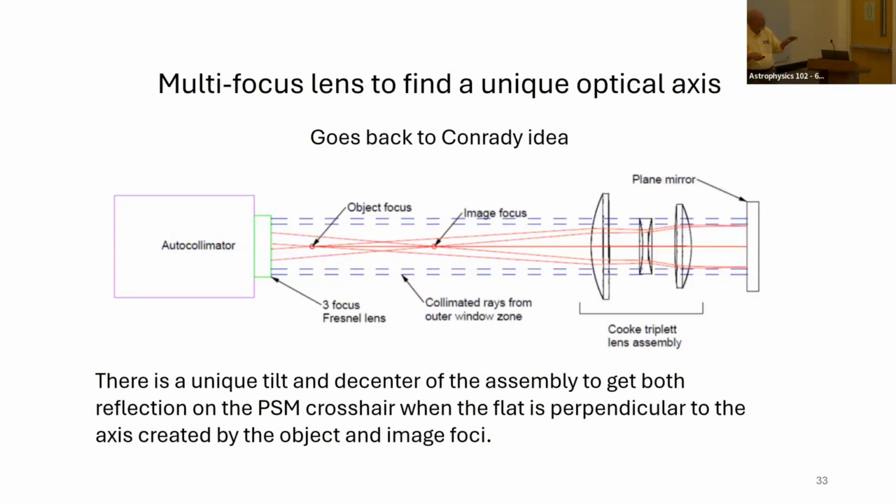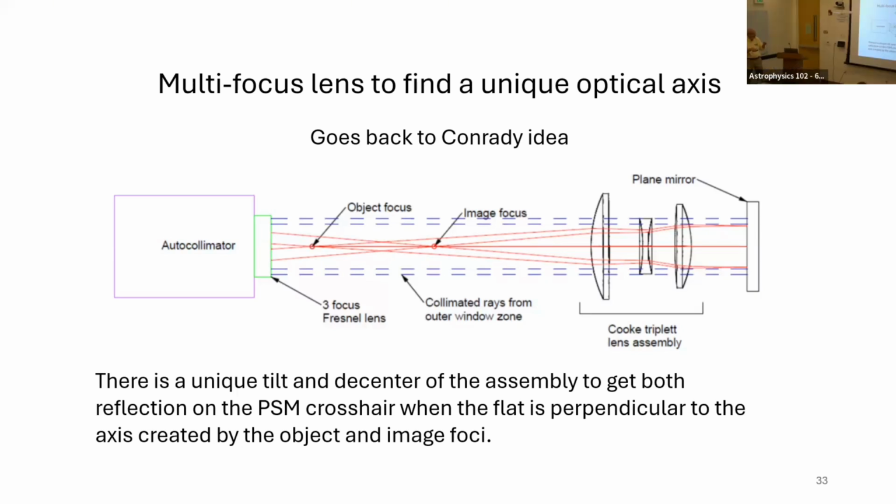Ordinarily I get object and image on top of each other and auto-collimate on the flat. But now it comes back to just one point, and so I don't know anything about angle. I know where that point of auto-reflection is, but that's only 3 degrees of freedom. I need to go to 5.